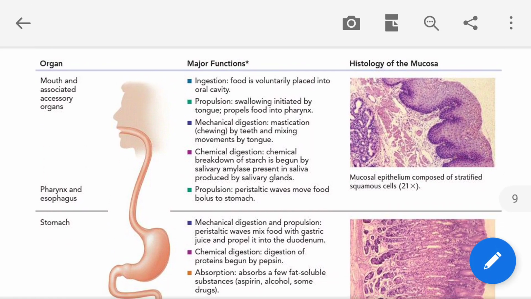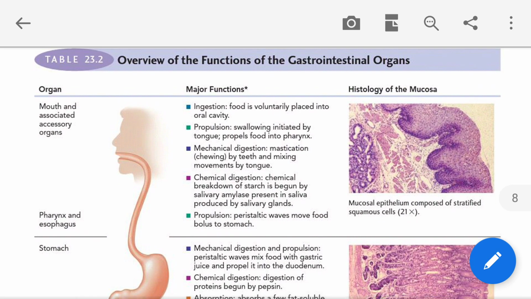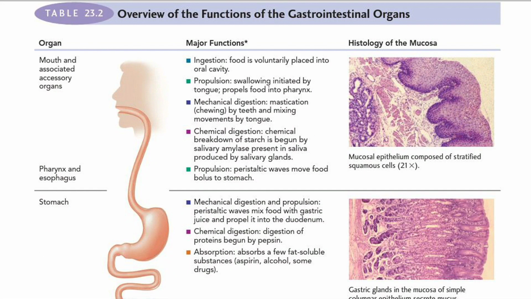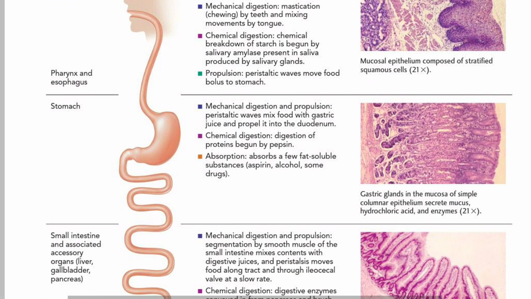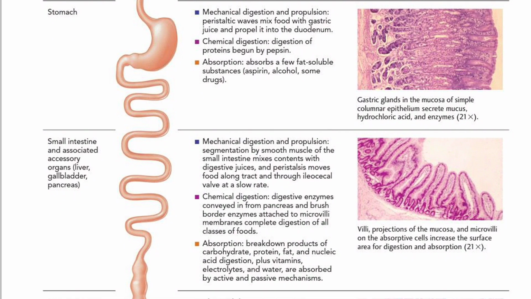Even if you are not interested to attend this lecture, I am showing you this table. With the help of this table you can prepare this presentation lecture on your own. So you go through this table, and this table is covering this entire presentation lecture.